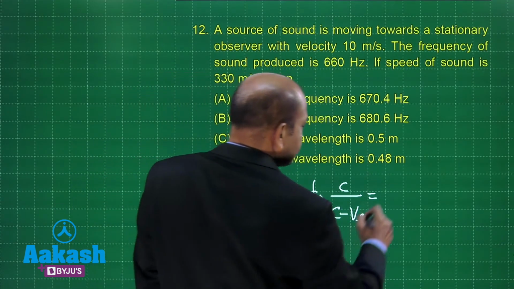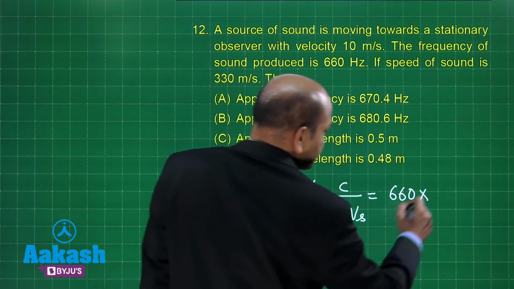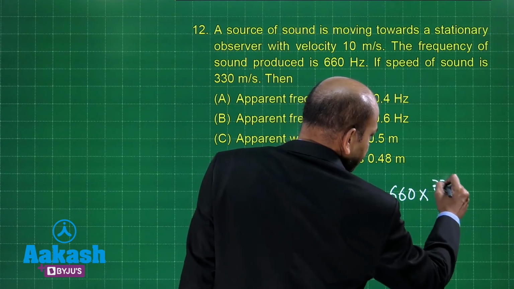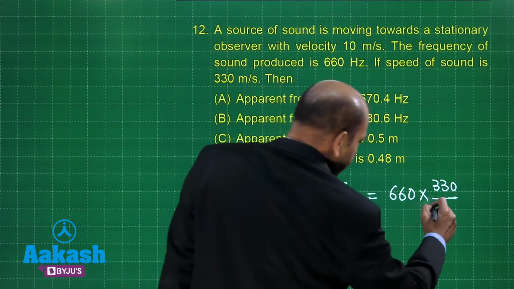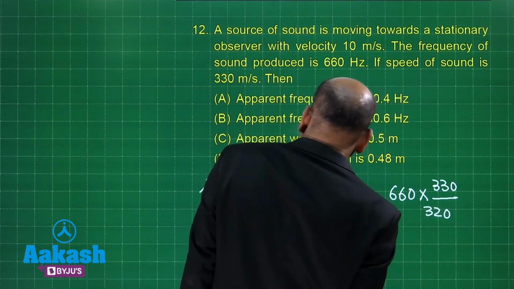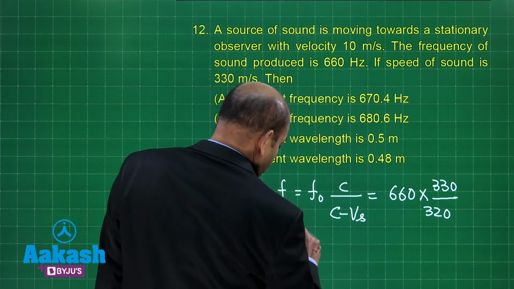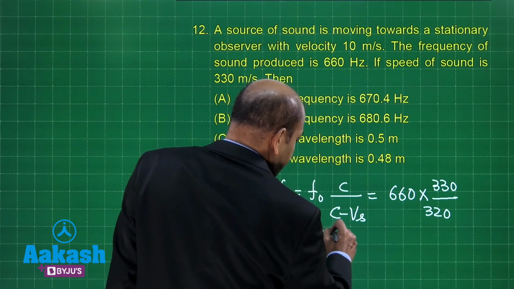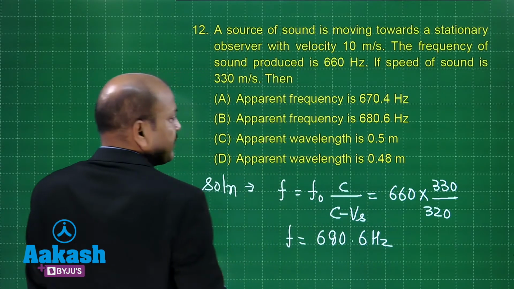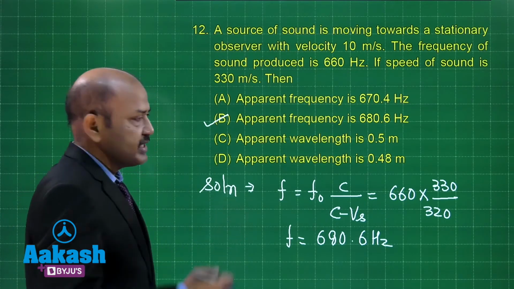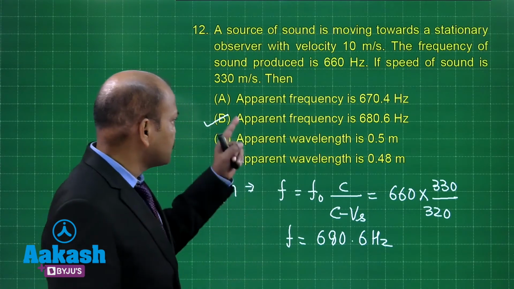F naught is given as 660 hertz, C is 330 meter per second. So, 660 into 330 divided by 330 minus 10, that will become 320. And if we evaluate, this is coming about 680.6 hertz. So, option B is correct and option A obviously is not correct. Well, we have dealt with two of the options.